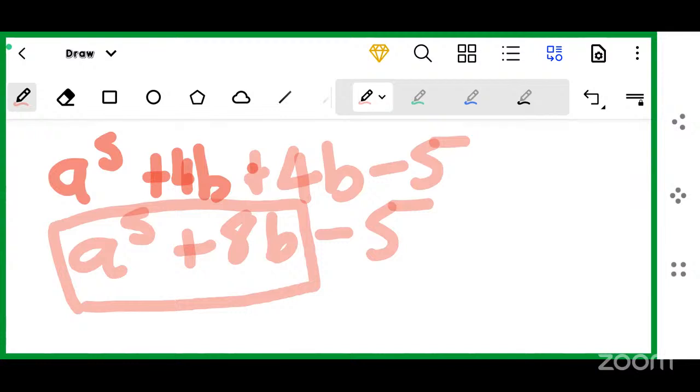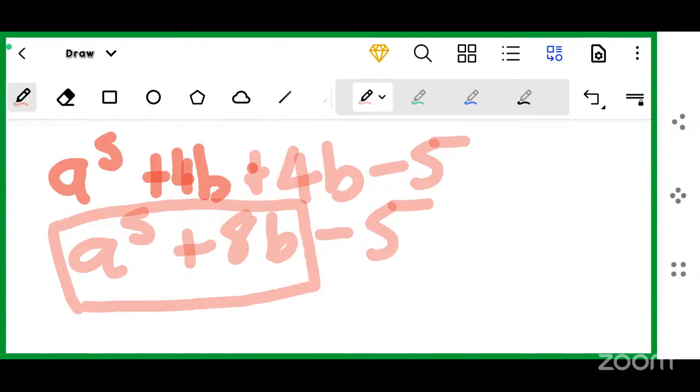Ma'am, my first two were 5b minus 0. Yes, ma'am. Okay, so which ones were the last two on your answer? Ma'am, was it b to the power 2 plus 5b minus b minus 5? You said your answer was what?